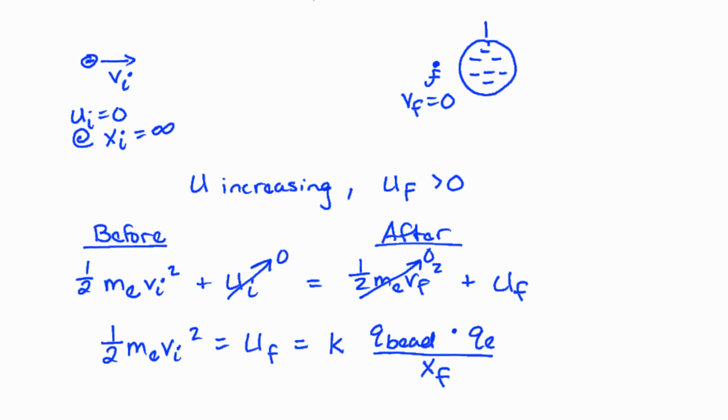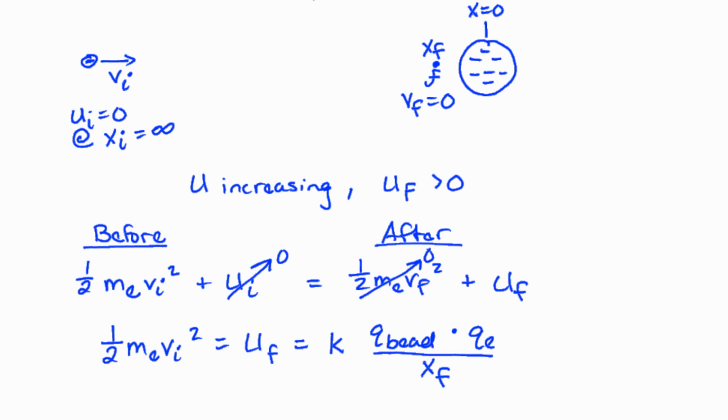So that means that we're assuming that the center of the bead is x equals 0, and that this point F is the final position. So what is this final position?